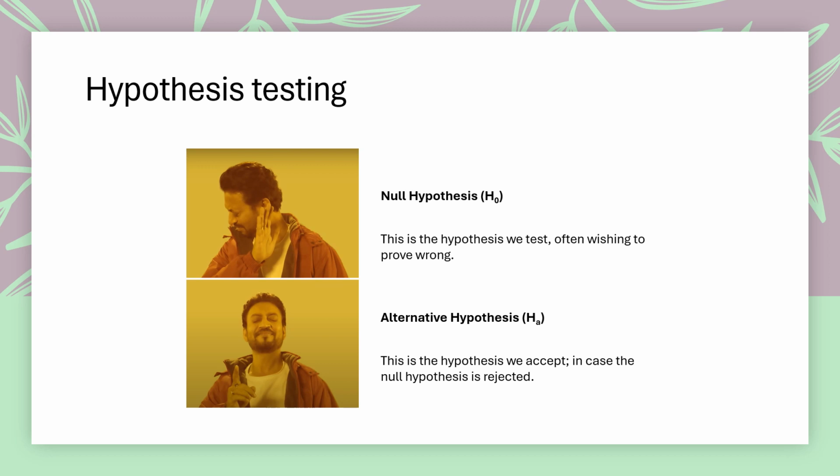But if it's not the same, then we can reject the null hypothesis and accept the alternative hypothesis that the pH level of the water of the selected region is different from the actual or estimated or assumed pH level of water generally. The hypothesis that we accept in case the null hypothesis is rejected is also called the alternative or research hypothesis.